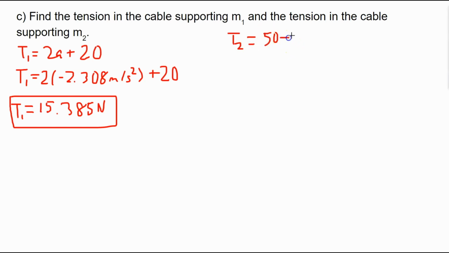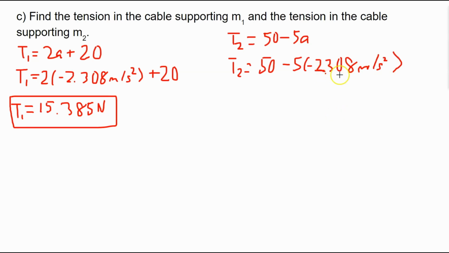So T2 is equal to 50 minus 5 times negative 2.308 meters per second squared, and you really cannot see that decimal point there.